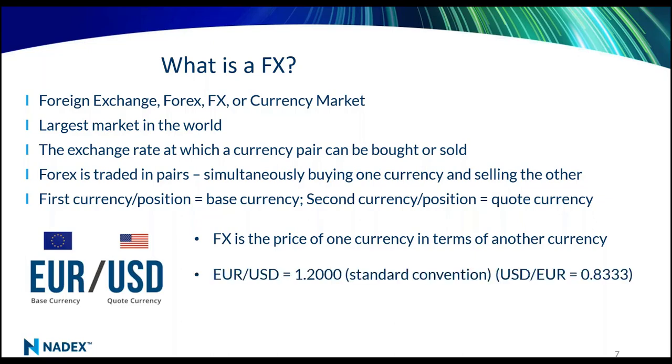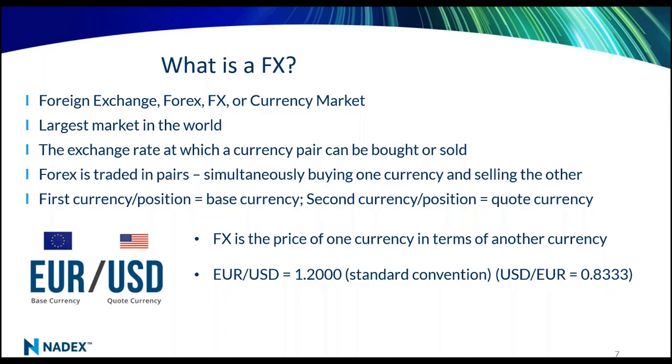The standard convention for the euro US dollar, and I believe this is about where it is right now, is around 1.20. What we're saying is, if you wanted to buy 1 euro, it would cost you $1.20. Now, the question then is, how many euros does it take to buy 1 US dollar?